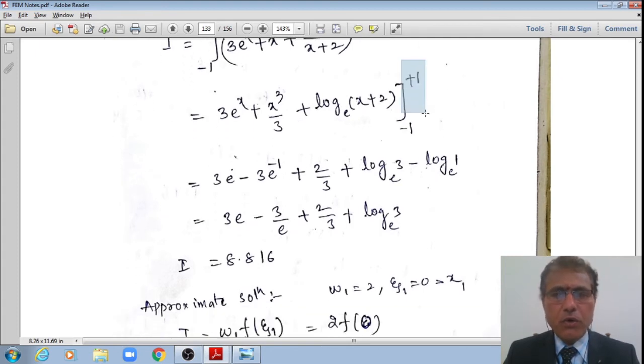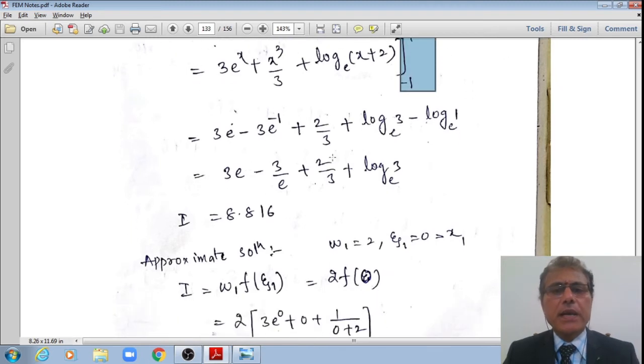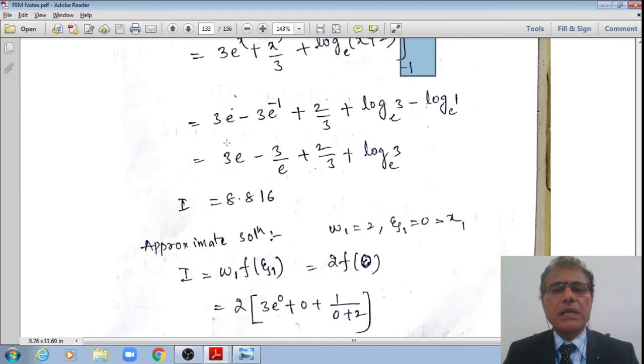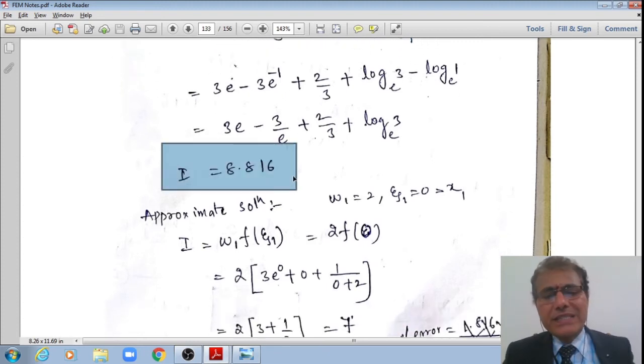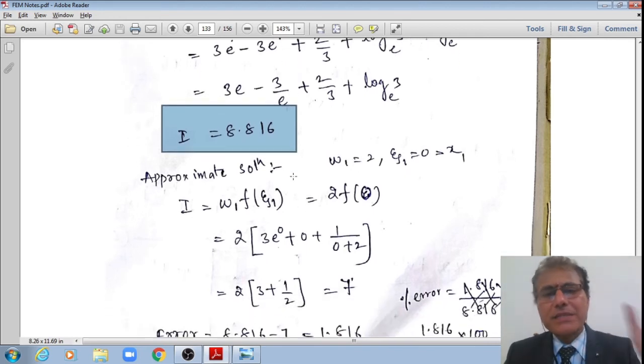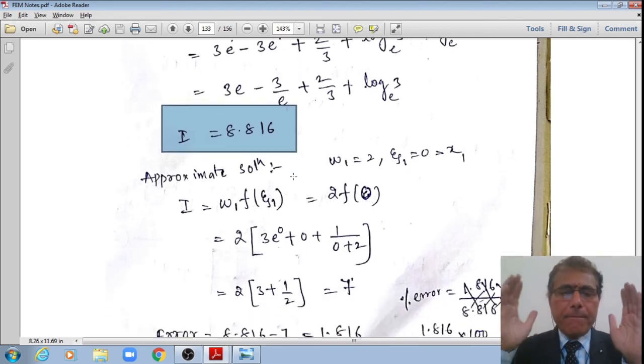By substituting the lower bound and upper bound, finally I'll get the result as 3e minus 3 by e plus 2 by 3 plus log 3 to the base e, or the result is 8.816 up to the third decimal, students, right? That is the exact solution using mathematical integration rules.